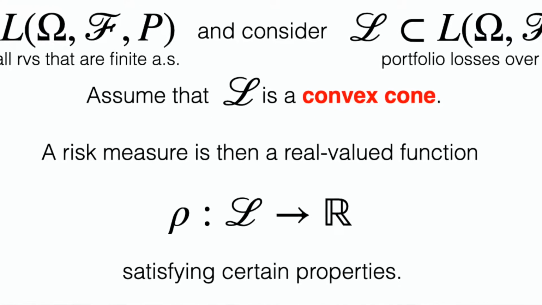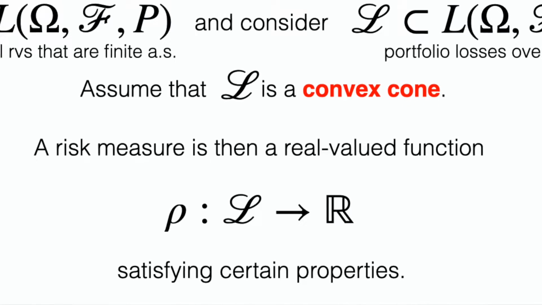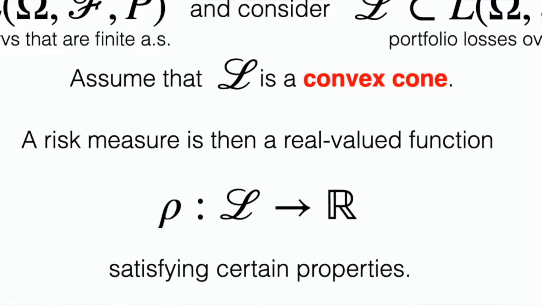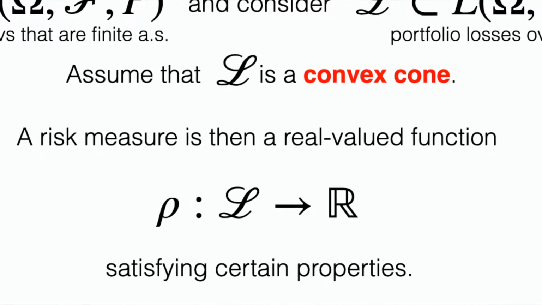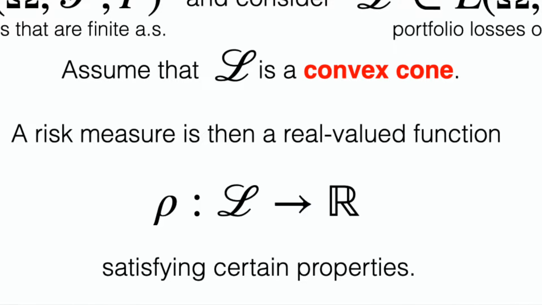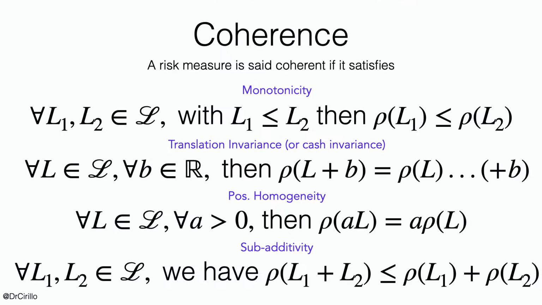Now, once we have these, we define a risk measure nothing more than a real valued function ρ that maps from L into the reals. Now, we will require this measure to satisfy a certain number of properties. A coherent risk measure is a risk measure that is monotone, translation invariant, positive homogeneous of order one, and subadditive.